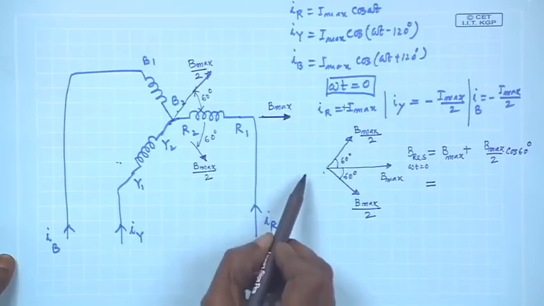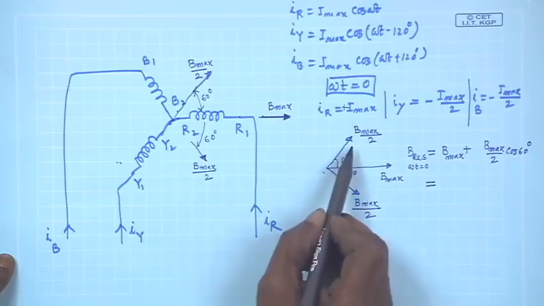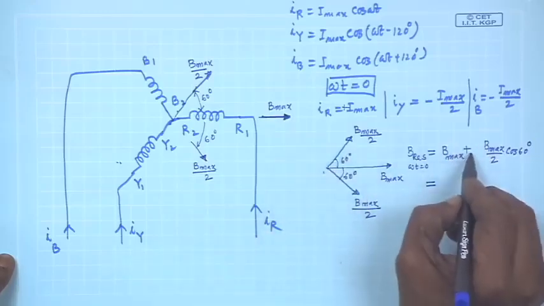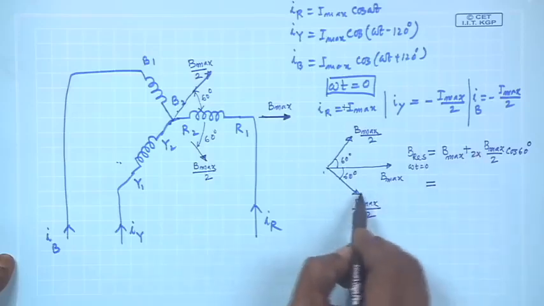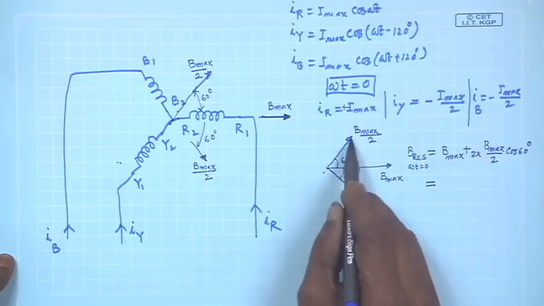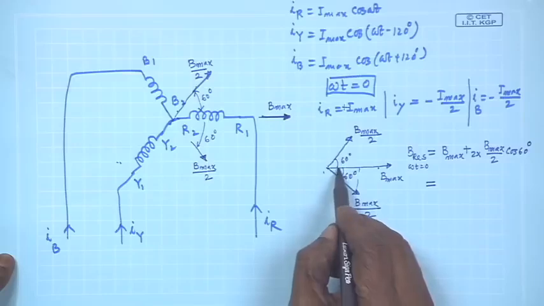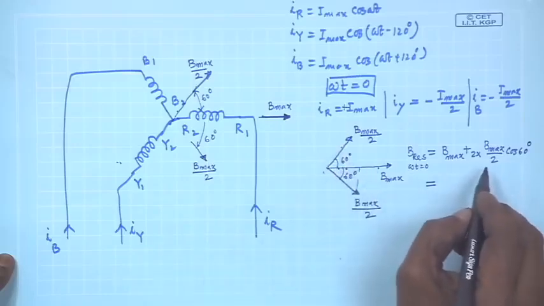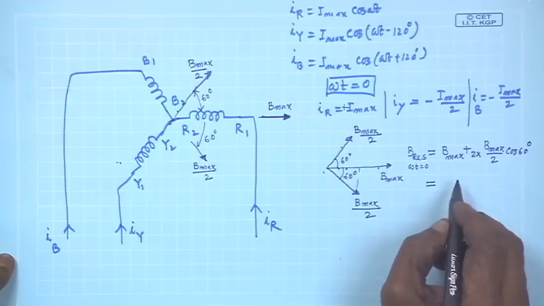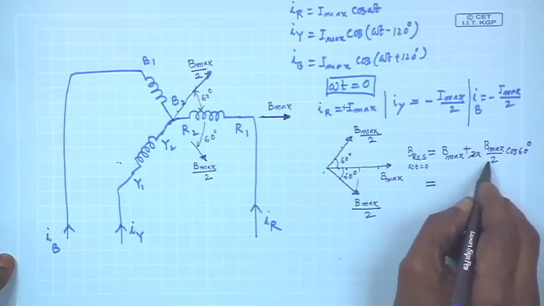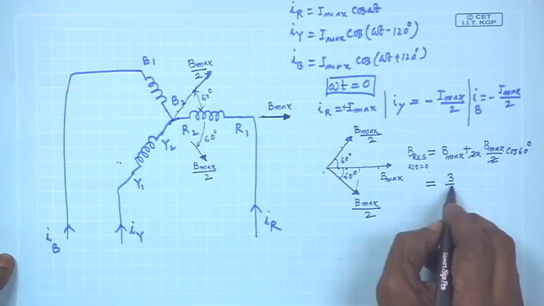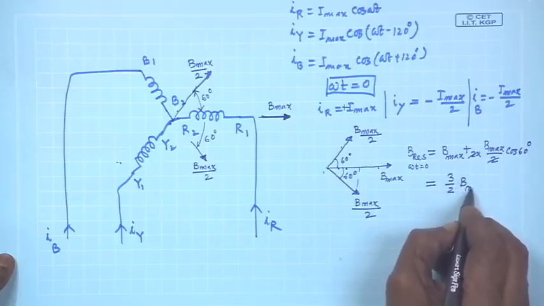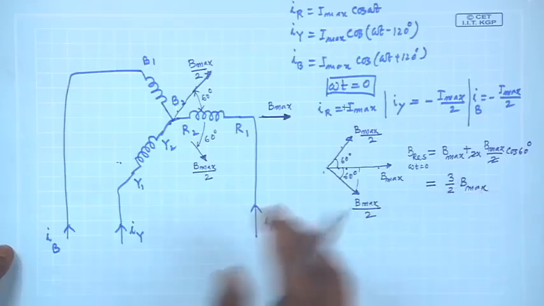So, this value is B max by 2, this is B max by 2 and then 2 into this, because the projection of this here and projection of this plus this projection, this projection. So, these 2 cancel and you will be left with 3 by 2 B max, and that is expected.